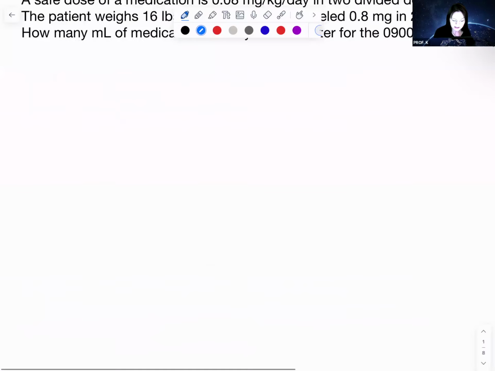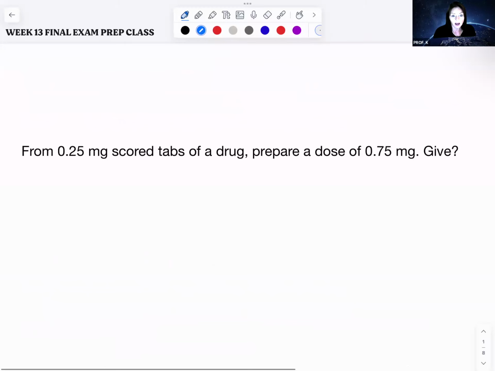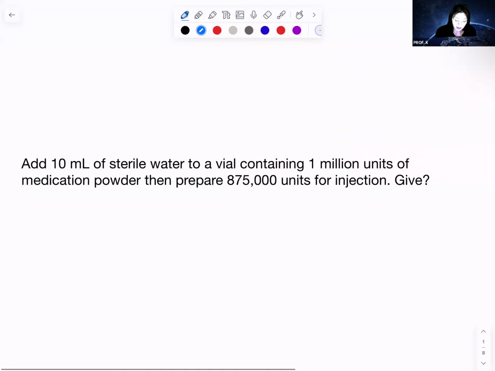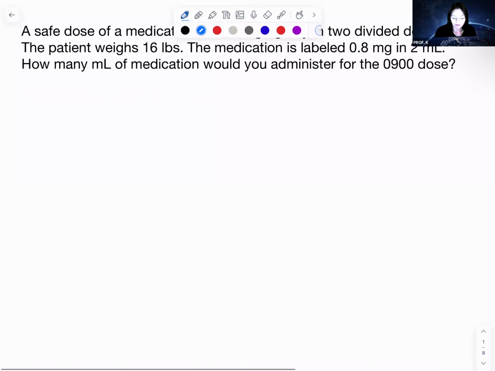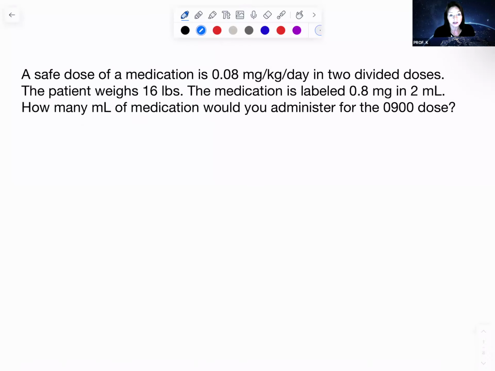So if you're really good at solving things like, let's just say, I can solve this one, factor from 0.25 milligrams, prepare. I start with the doctor's order, prepare this dose. If you know you can bang out these within 30 seconds to a minute, do those first. All right. If you know you're good with reconstitution, do it first. All right. And if these type of IV questions take you longer, it's okay to skip because you're on paper. You can go back. Just don't forget to go back.